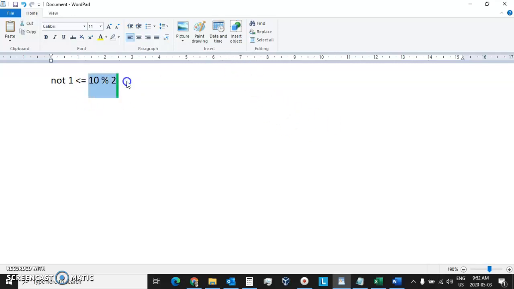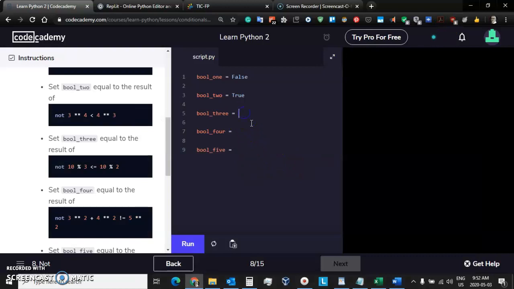And 10 remainder 2, well, 2 divides perfectly into 10. So 10 divided by 2 is 5, and there's no remainder left over, so that becomes 0. So 1 is less than or equal to 0. That is false. And not false sounds like true to me, so we'll put true in there.